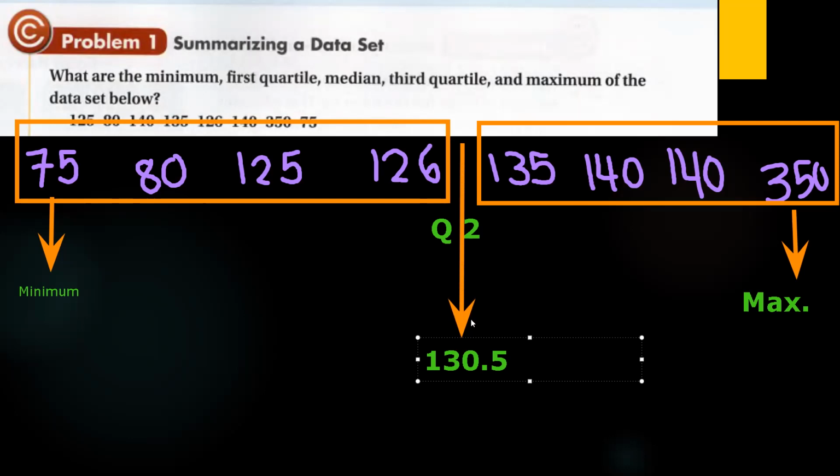It's a number between them, which is 130.5. Now, can I cancel 126? Can I say no, you are the median? Or 135? Can I say no to them? No, I will keep them in order to find Q1.